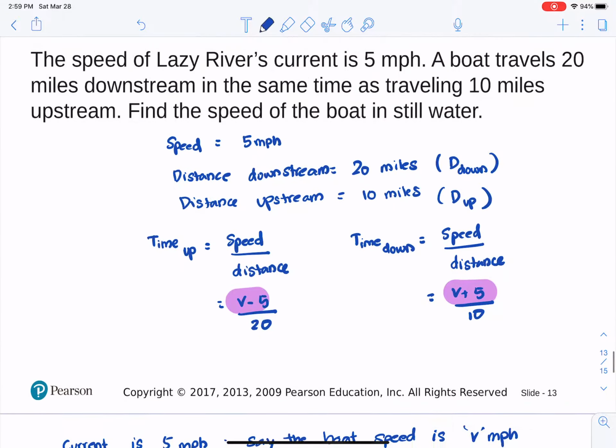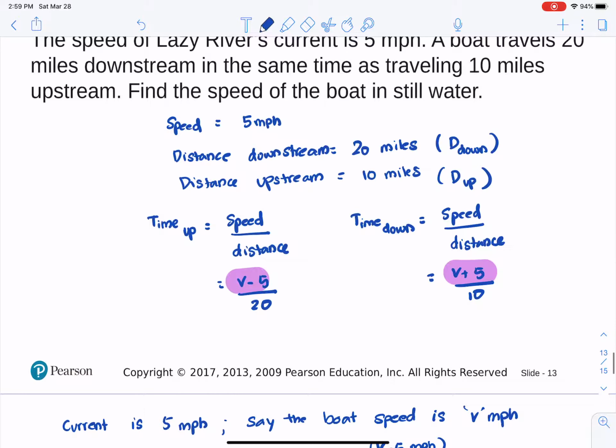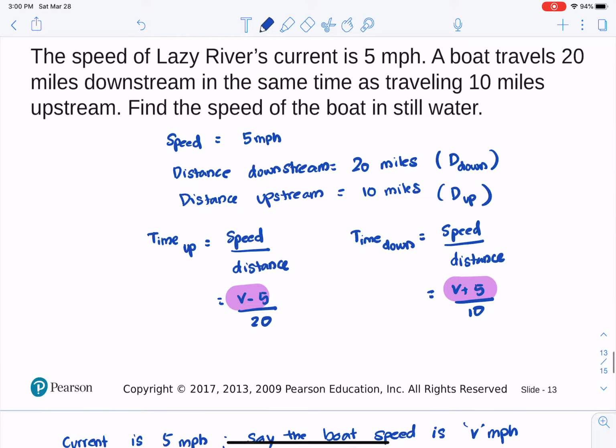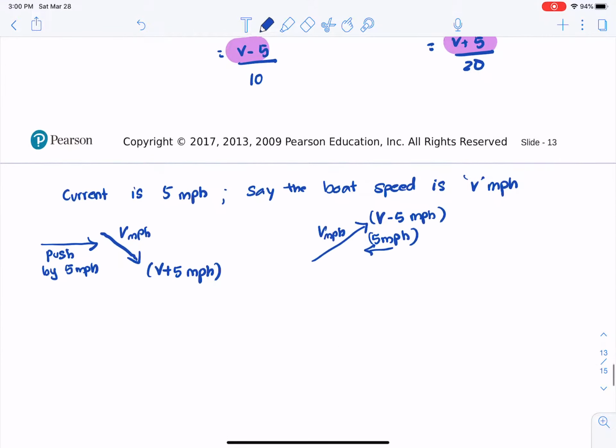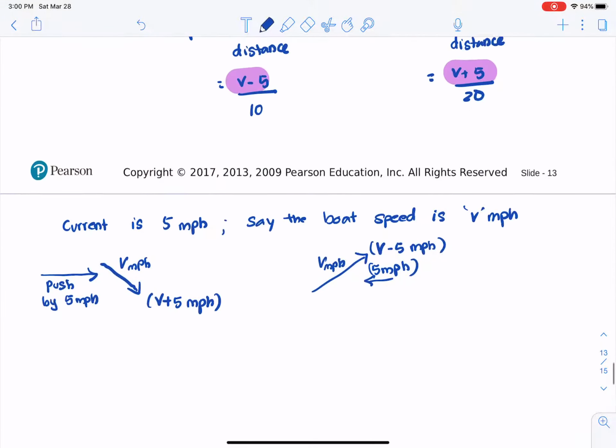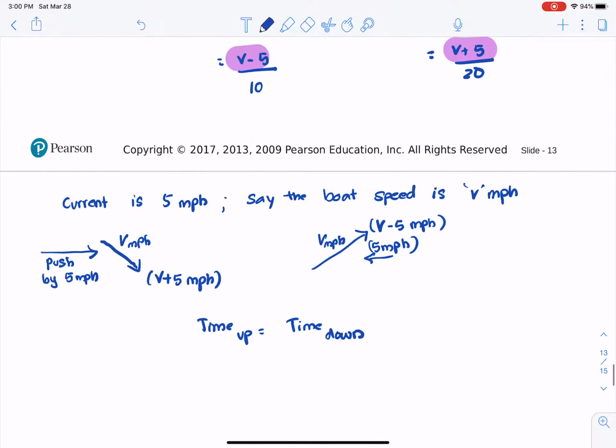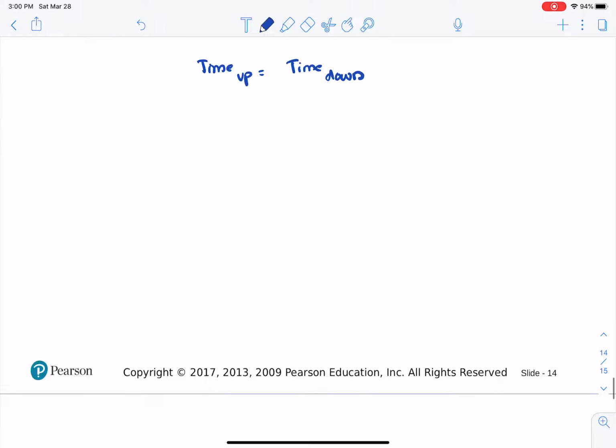Now, since the time is the same, it's 20 miles downstream and 10 miles upstream. I have this backwards. 10 and 20, I apologize. So the time would be the same. So we would have time upstream equals time downstream. And we have that relationship as V minus 5 over 10 equals V plus 5 over 20.